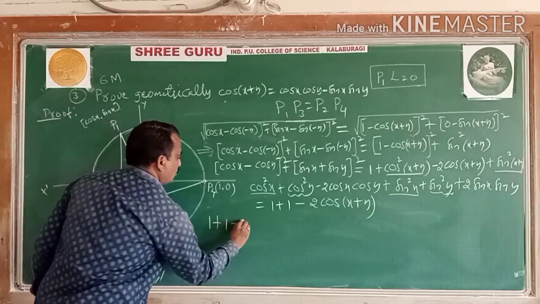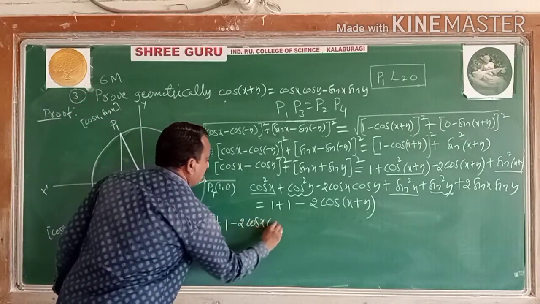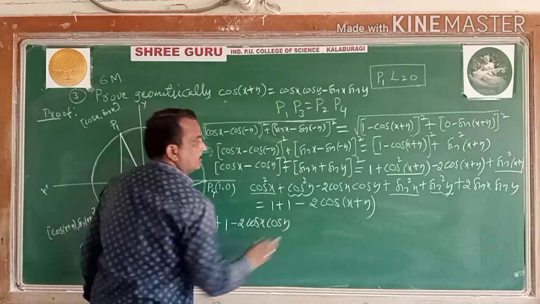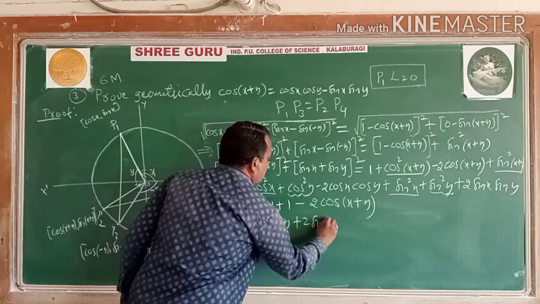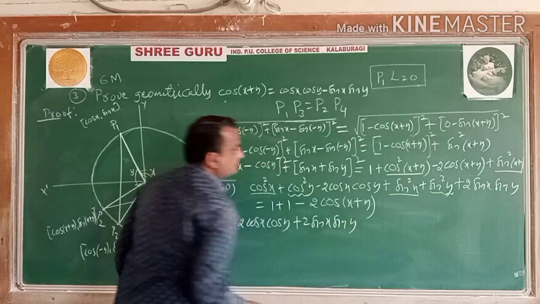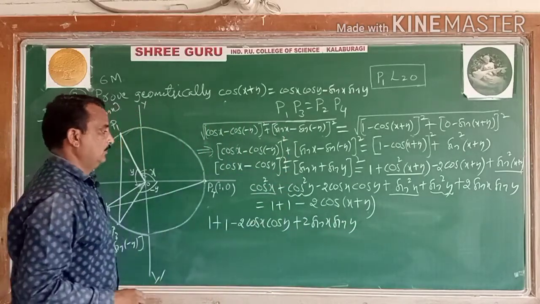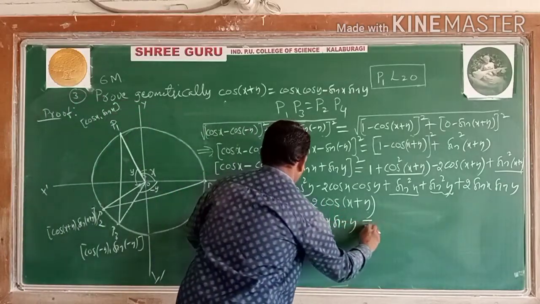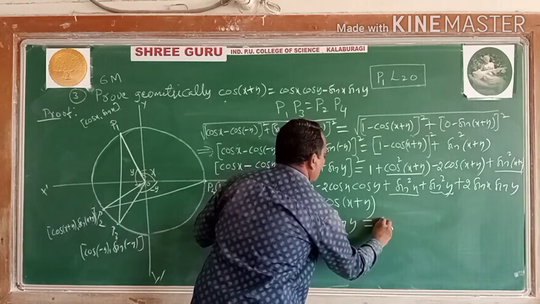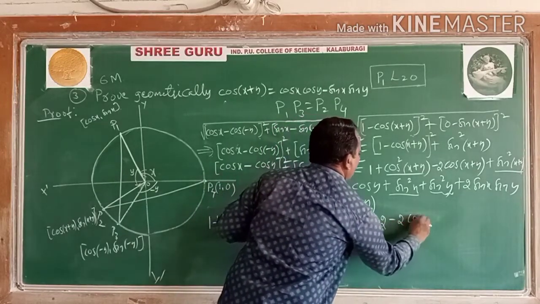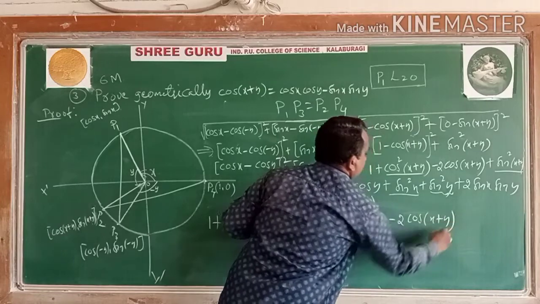Minus 2 cos x cos y plus 2 sin x sin y is equal to 1 plus 1, 2, minus 2 cos of (x plus y).